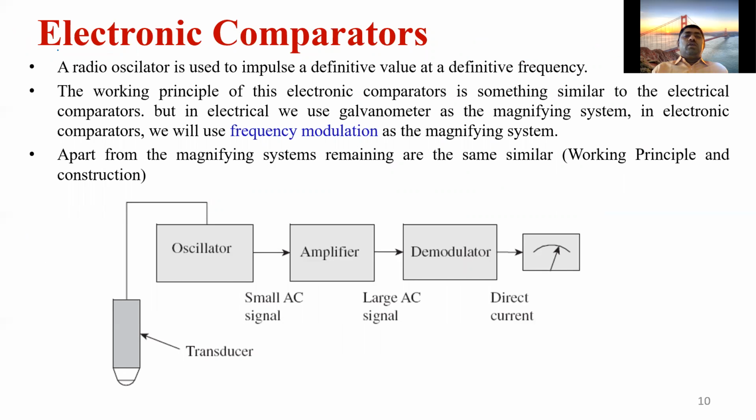Next, another type of comparator is called the electronic comparator. The working principle of this electronic comparator is similar to the electrical comparator, but in the electrical comparators the galvanometer is used as the magnification system, whereas in the electronic comparators we use frequency modulation as the magnifying system.